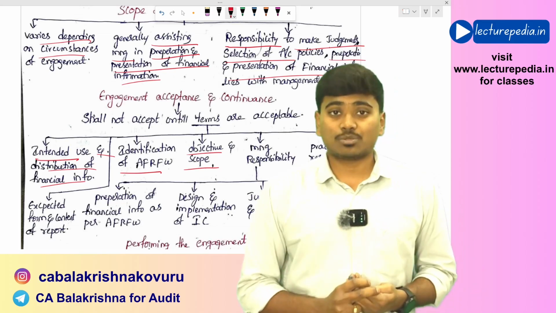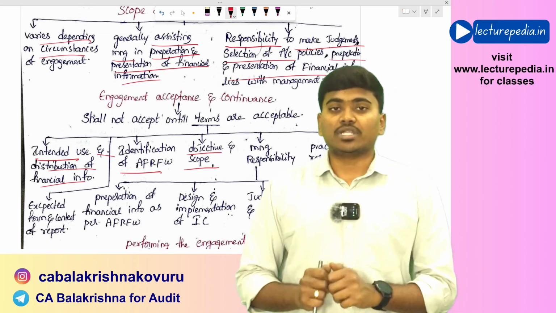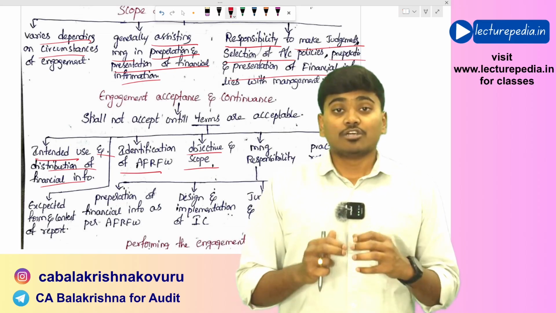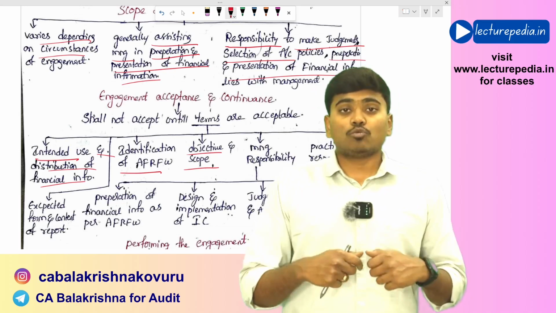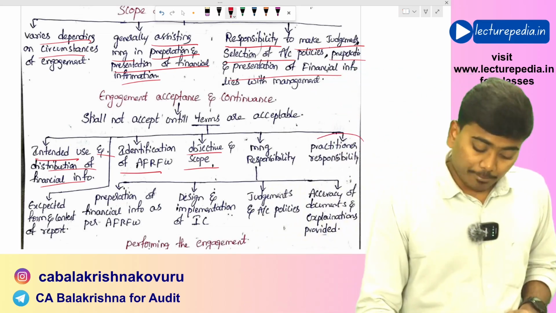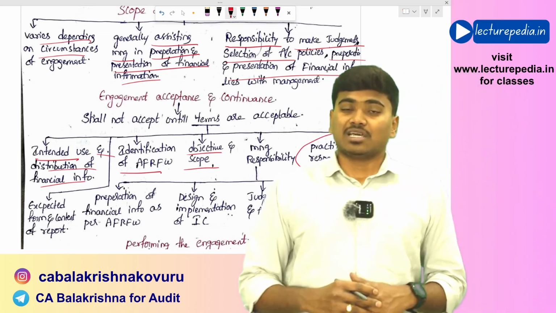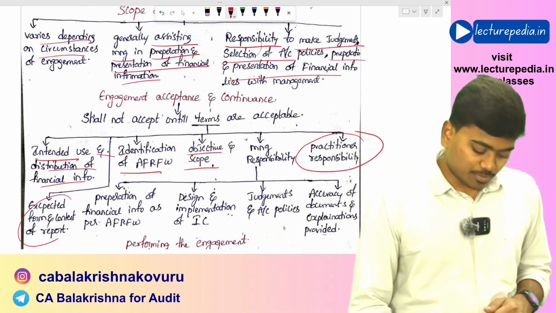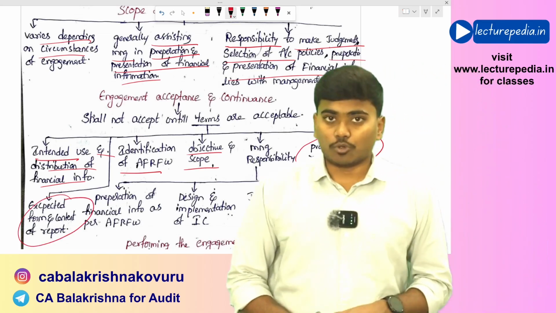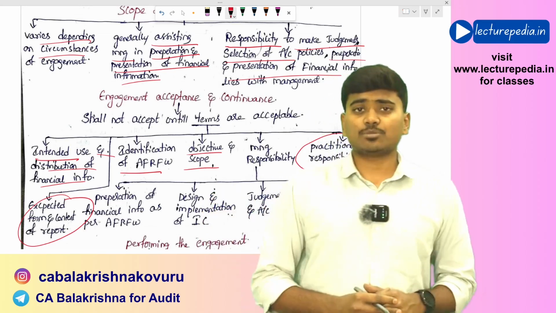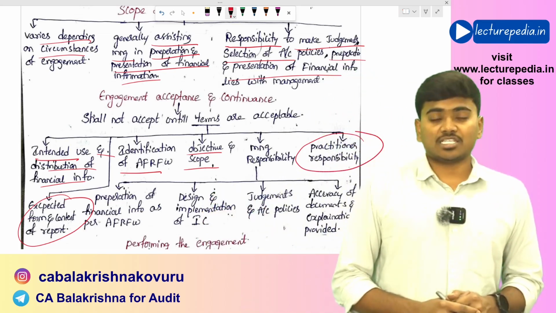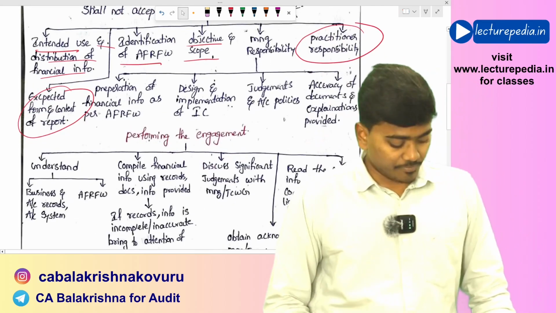All this responsibility lies with management only, which you need to clearly mention in the engagement letter. And then the practitioner's responsibility, and the expected form and content of the report. Briefly, these items must be present in the terms of the engagement letter. Hope that is clear.